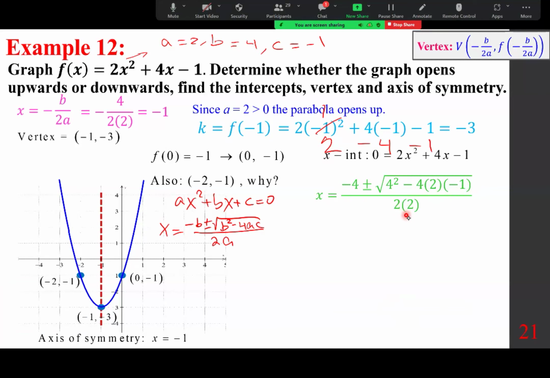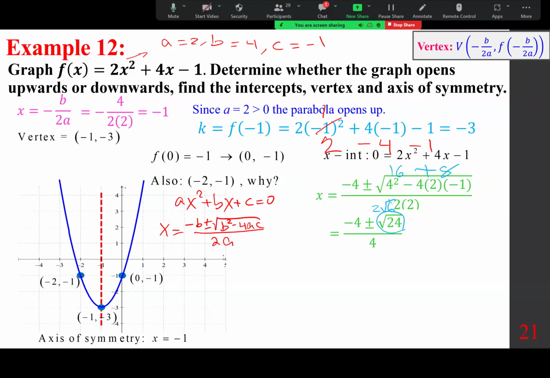Now, as you can see, this is 16. This is plus 8. They add up to 24. So let's write that, and we get this one. Square root of 24 is 4 times 6, so it's 2 square root of 6.